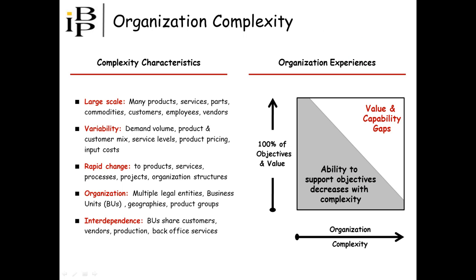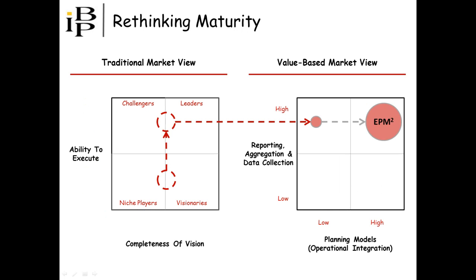Those most likely to benefit from integrated processes are manufacturers exhibiting the complexity characteristics shown on the screen. As complexity grows, so too do value and capability gaps associated with traditional EPM and S&OP applications. A key takeaway is that when making design and purchase decisions, manufacturers need to look at software markets differently.